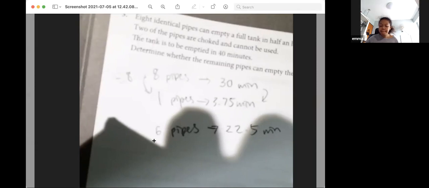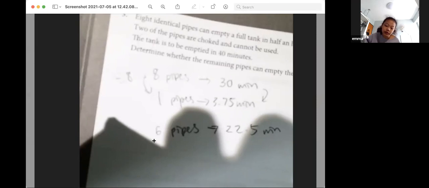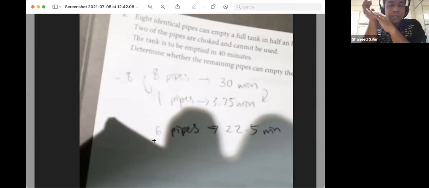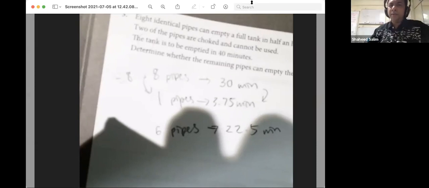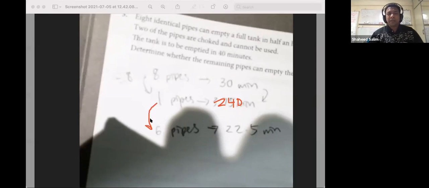Then you try to go to 6. 240 is correct. Now here is 240, right? And then now you want to go to 6 pipes, you must divide by 6.